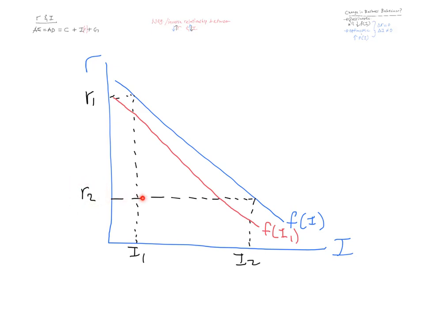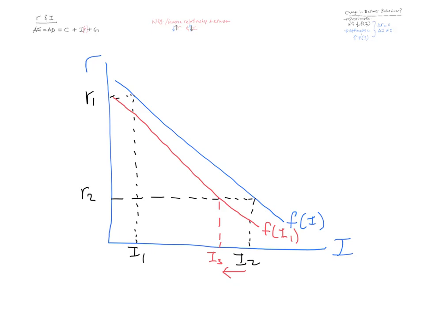Previously at R2, businesses would be willing to borrow enough money to invest I2 amounts of investment. But now with no change in the interest rate, they're going to start investing less. How much less? Well, they will start investing I3. There will be a fall in the investment.